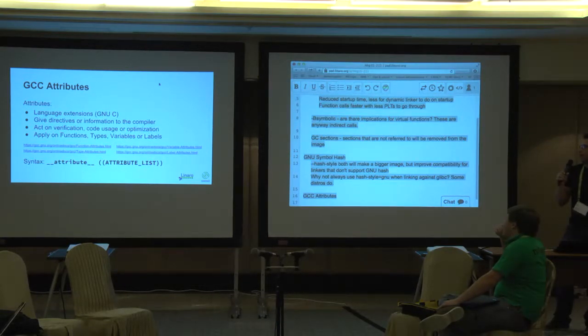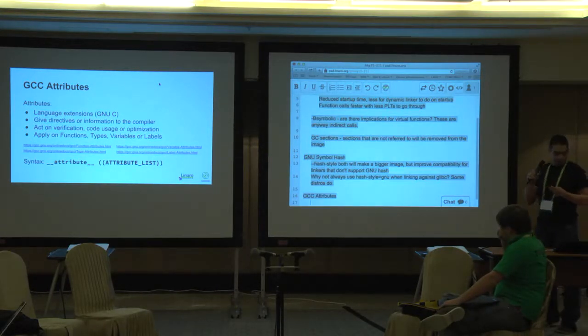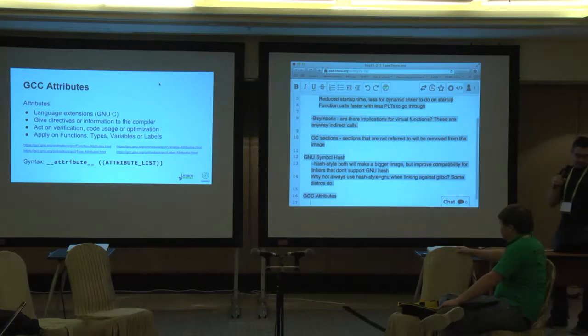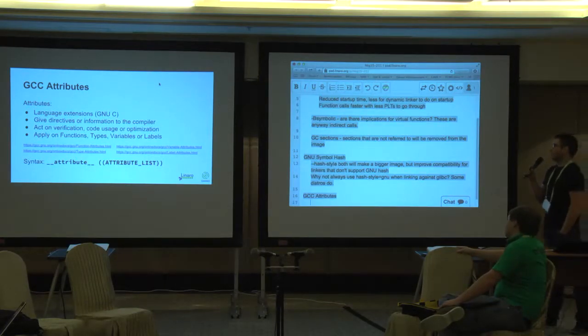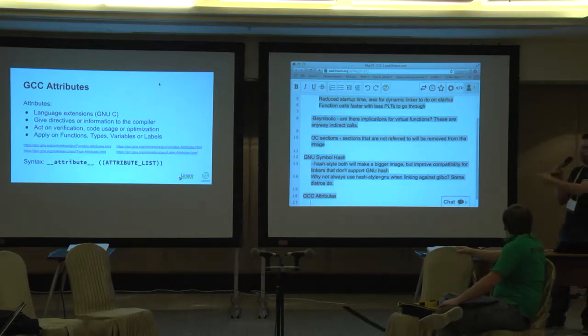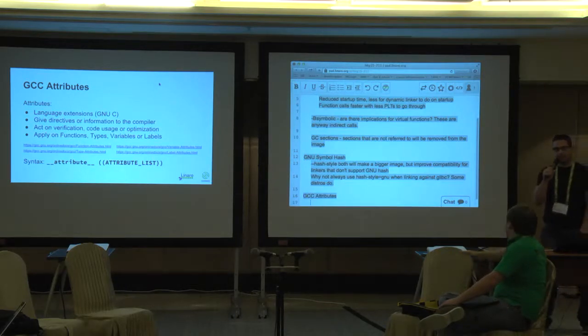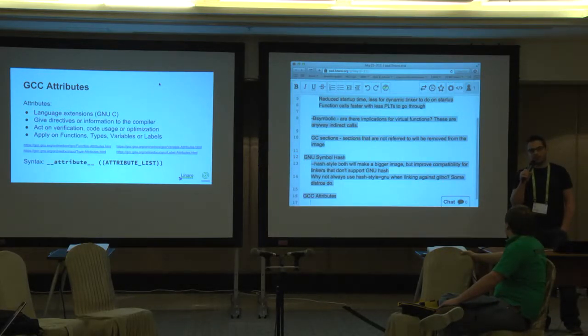This will be used on different kinds of constructs in your code: functions, types, variables, labels. And the syntax is this wonderful one with double underscore attribute, double parentheses, and the kind of attribute. Yes? Is it C11 as well?